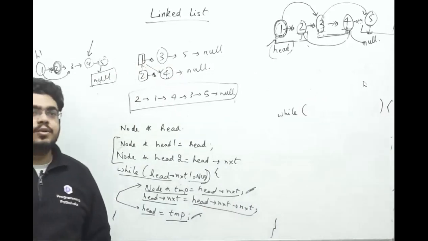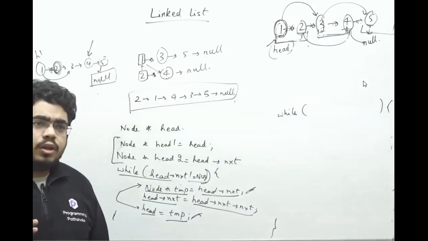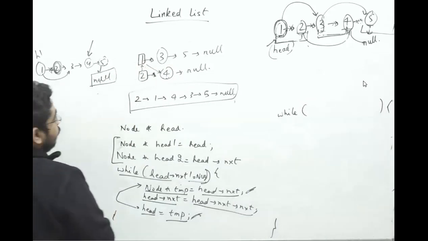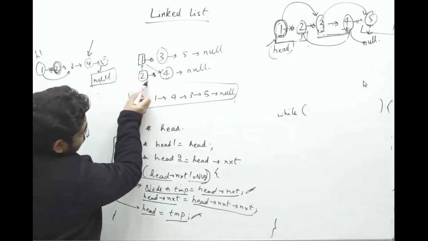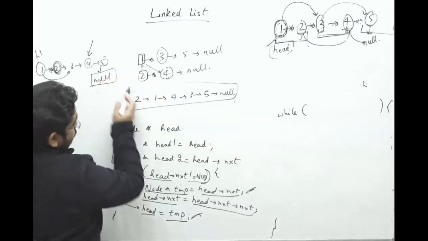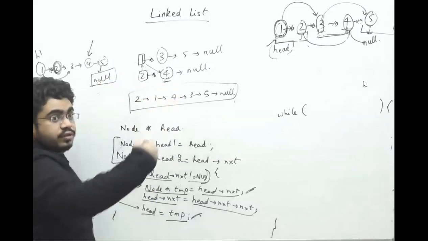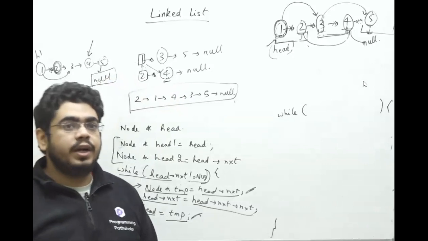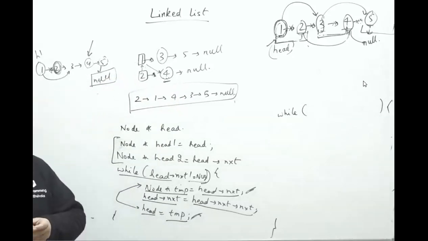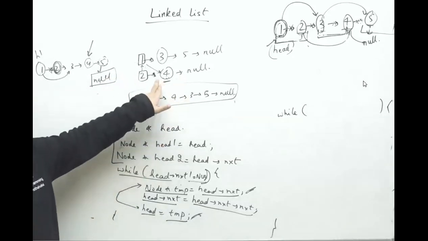Okay, everyone is saying 2 to 1. Just a small thing, like you can figure it out later also. But as soon as you break this and make 2 to 1, can I see 4 is lost? Yes or no? Unless I store it in a temp, this 4 will be lost. As soon as I break this and make this 2 to 1, this 4 is lost.